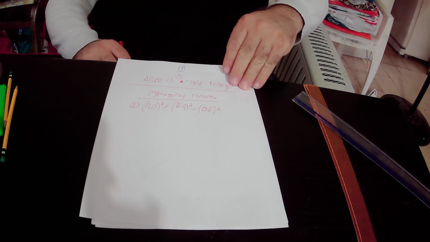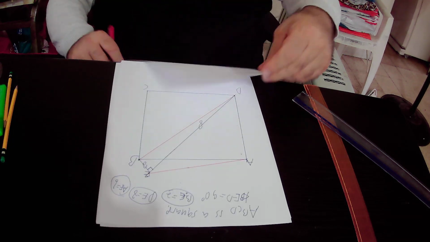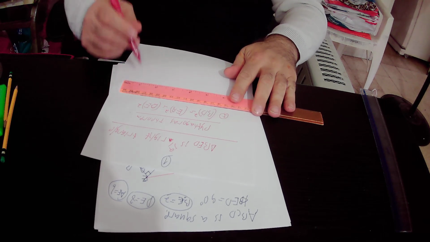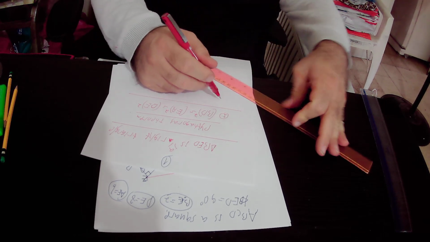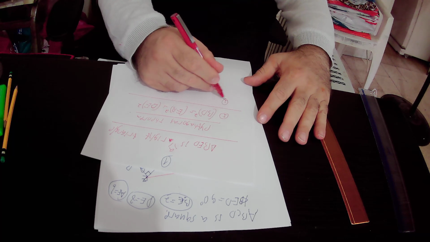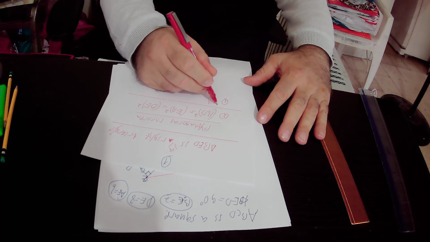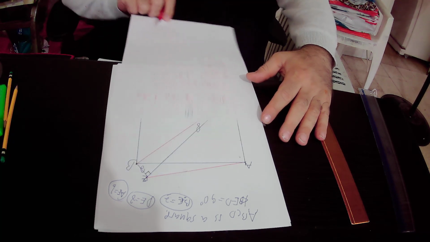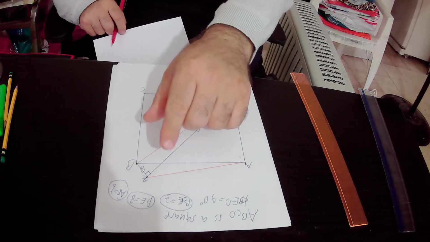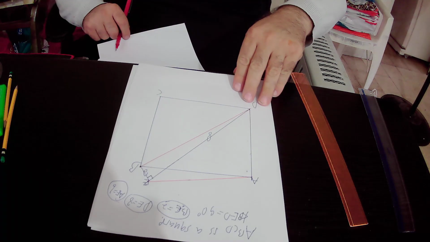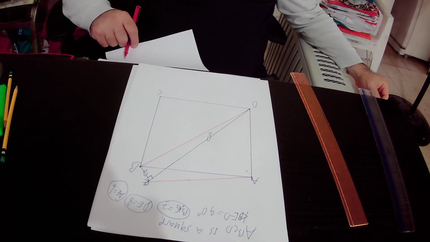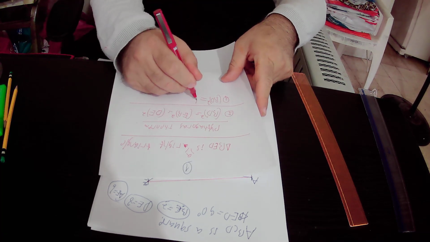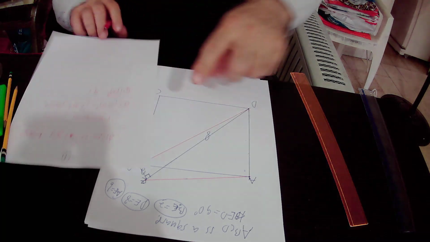So according to equation number 1, BD square equals EB square. EB equals 2 units, as given in the question, so EB square is 2 square, which is 4, plus DE square.